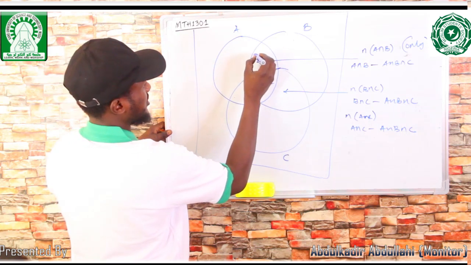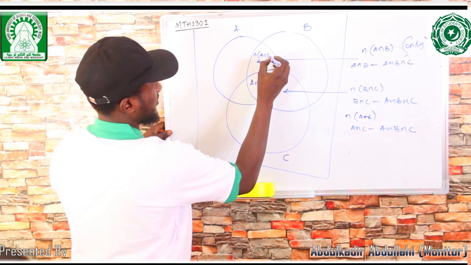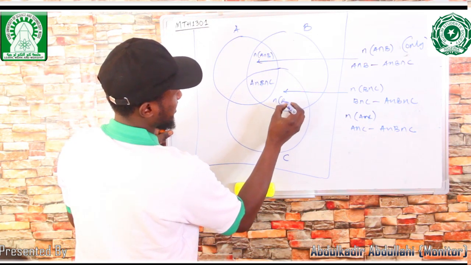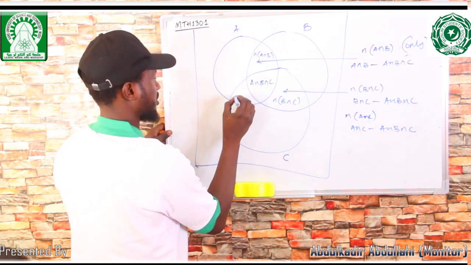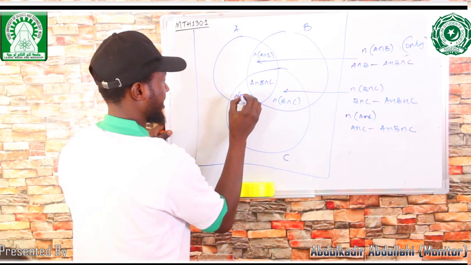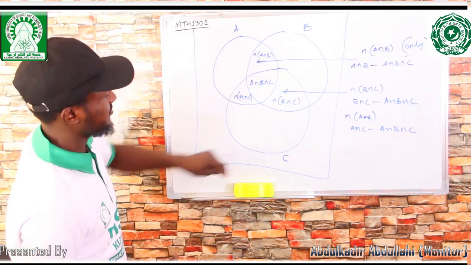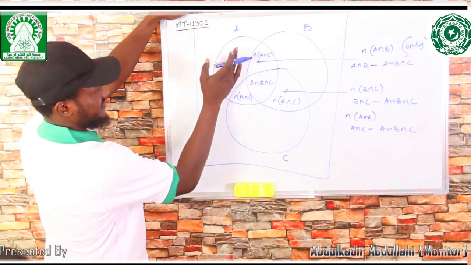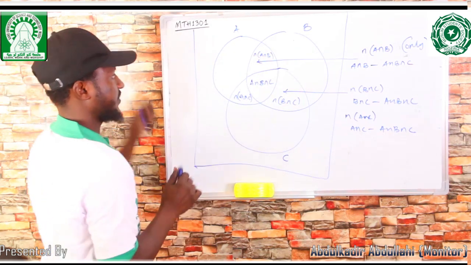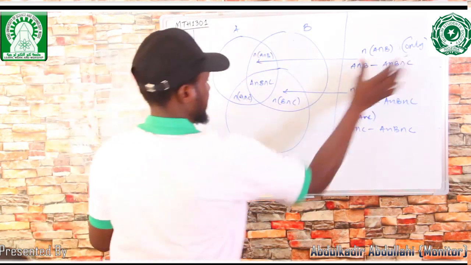So this place is called the number of A intersection B only, this place is called the number of B intersection C only, while this place is called the number of A intersection C only. The remaining parts are this and this and this.